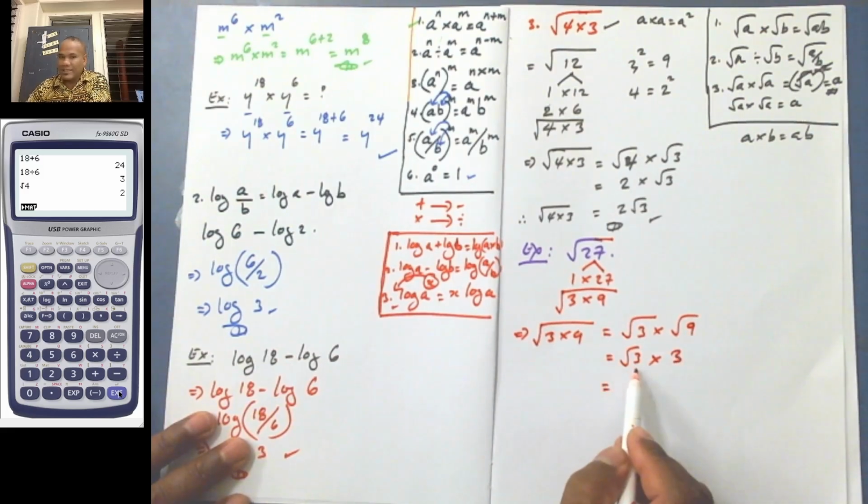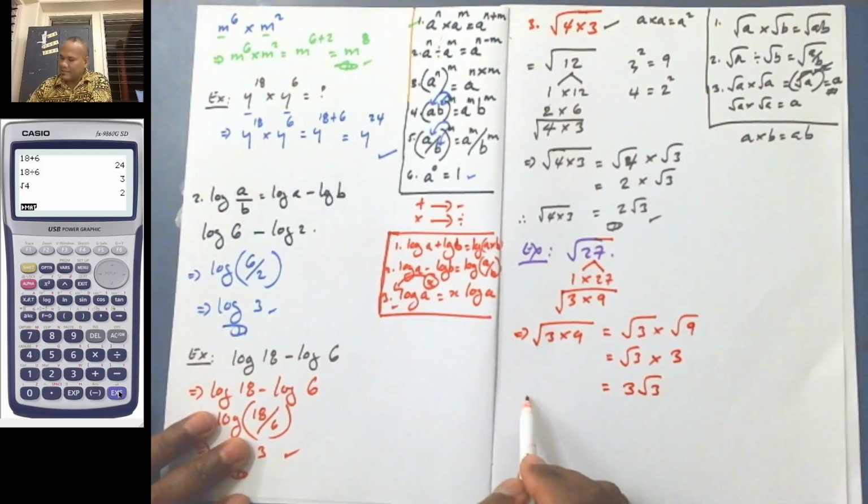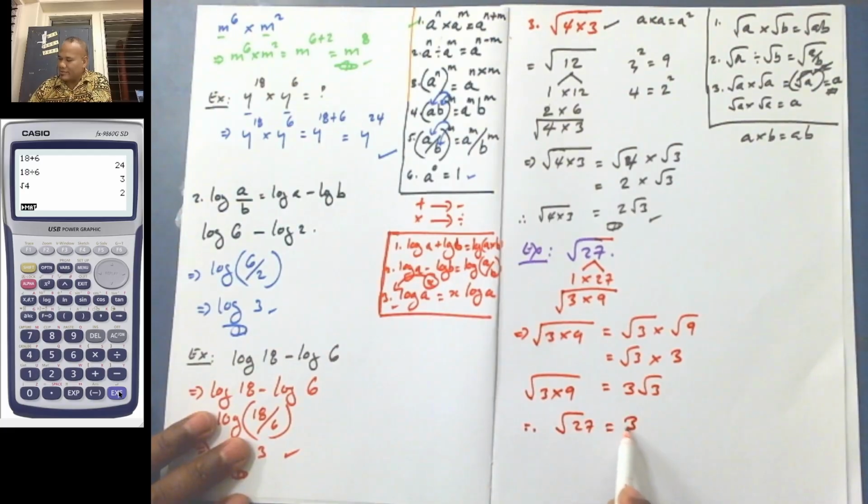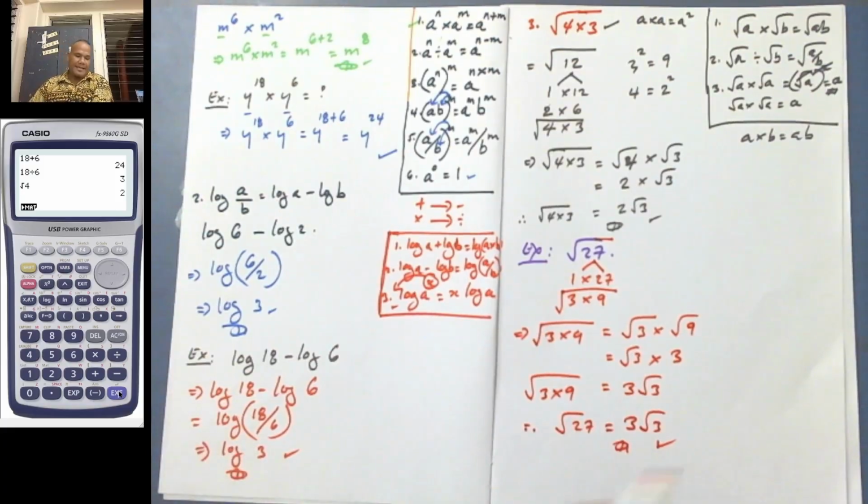So square root of 3 times 3 is 3 square root of 3. Therefore, square root of 27 is equal to 3 root 3, and that is your answer.